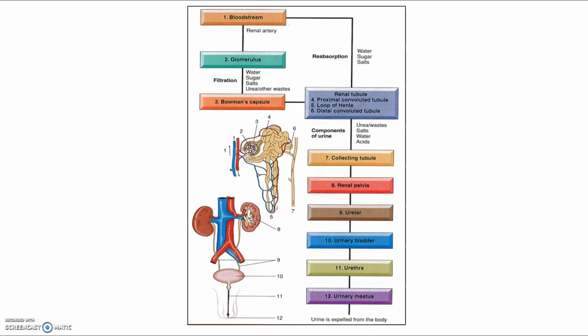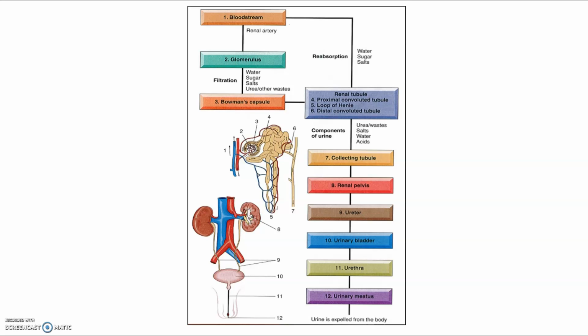So things like water, sugar, and salts are going to be reabsorbed back into the bloodstream. Whereas other things like urea, waste, some salts, water, and acid are going to be secreted into these tubules so that it can then collect as part of that urine that's being formed.